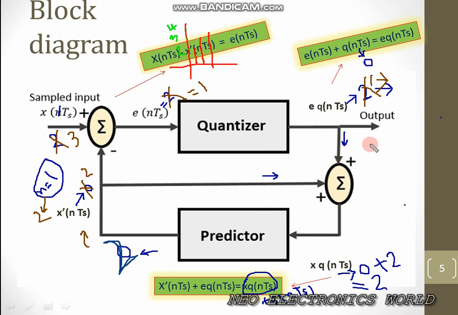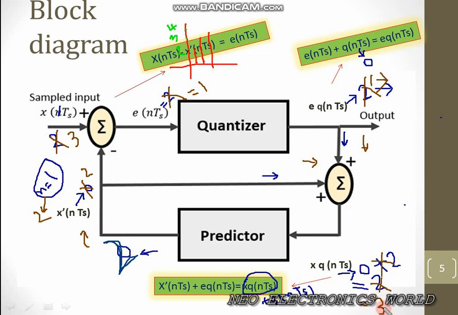Then this 1 will come here, and this x dash of NTS is 2. This 1 and this 2, 1 plus 2, is equal to 3.